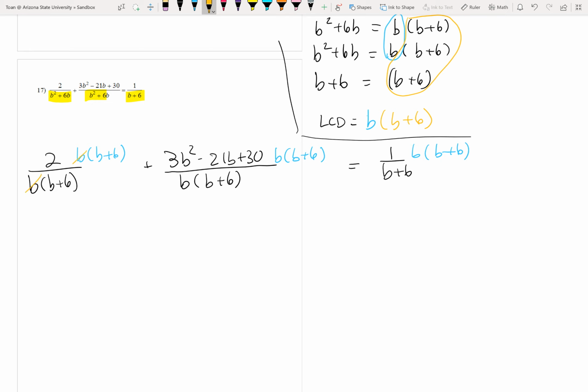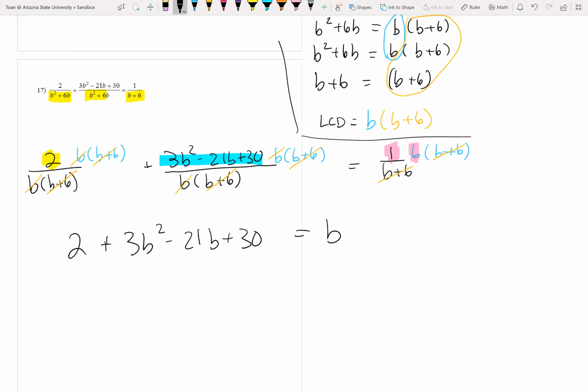So you're going to multiply everything by the LCD, b plus 6, b plus 6, b plus 6, and the idea is all of the denominators should now cancel. In the left fraction, everything cancels out. In the right middle fraction, everything cancels out. In the right fraction, only the b plus 6's cancel. So all you're left with is a 2 plus all of this mess, 3b squared minus 21b plus 30 equals 1 times b, which is just b.